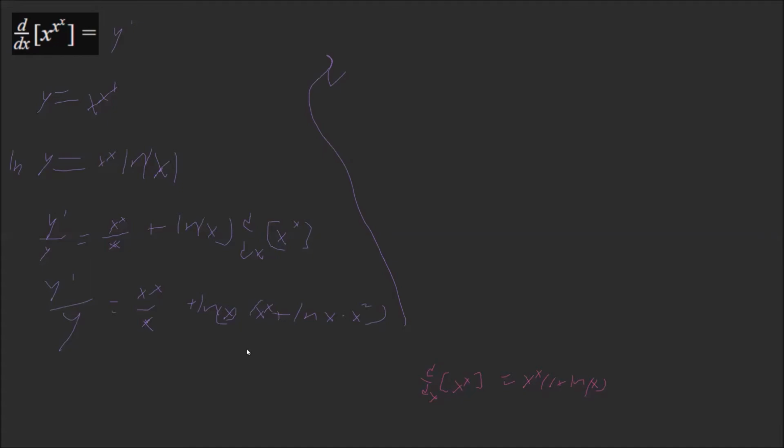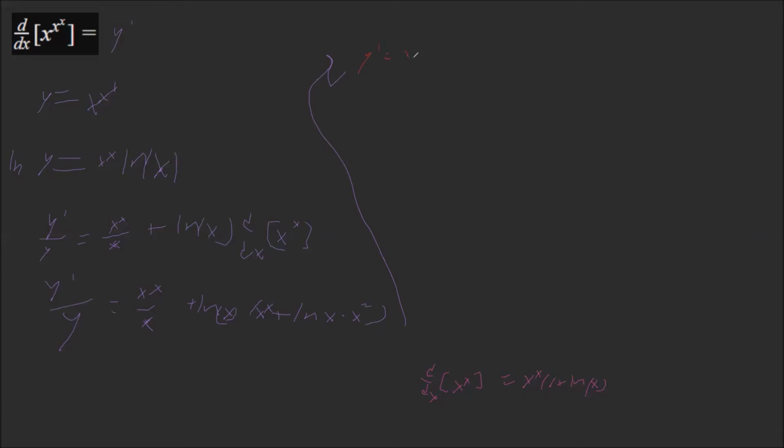In fact, I'll choose a new color because I'm getting bored of purple. But what we're going to do at this point is multiply both sides by y such that we have isolated y prime, because that's what we're really looking for.